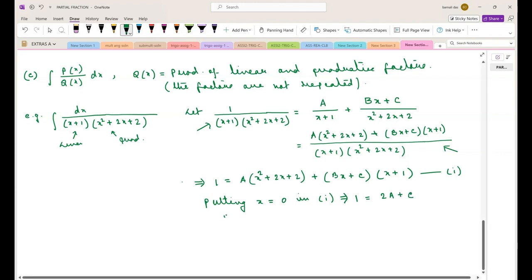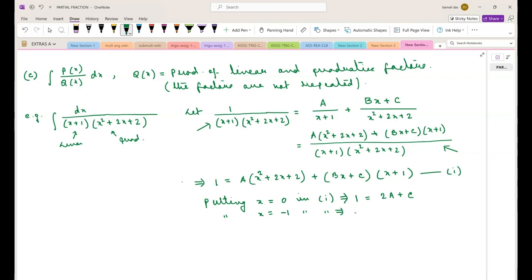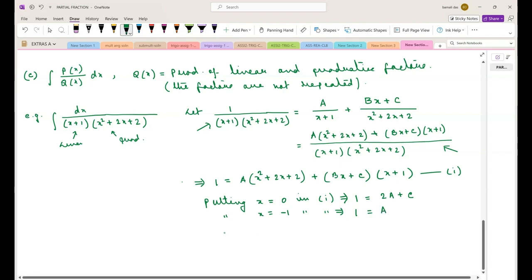If you are putting x equal to minus 1 in 1, then what happens is the second expression on the right hand side vanishes. So only the first remains. So there you get A. 1 equal to A. Putting x equal to 1 in 1, what do we get? 1 equal to, now here right hand side if you put 1, then you get 5A plus 2B plus 2C.